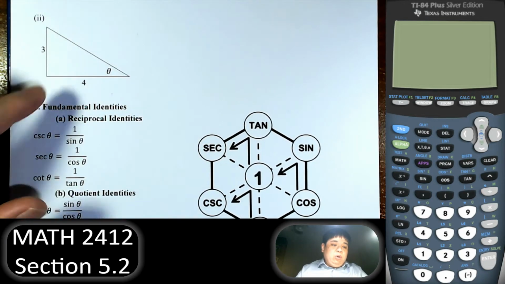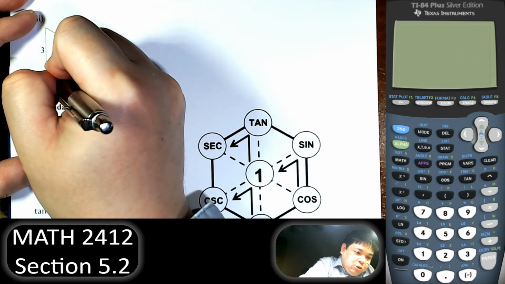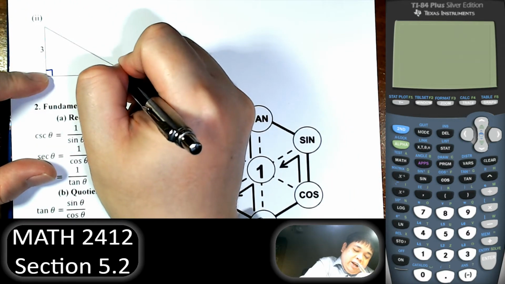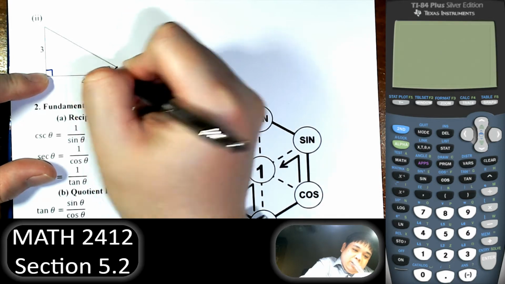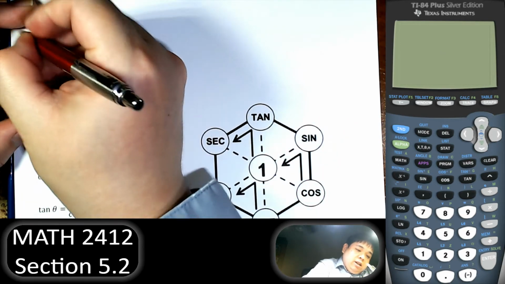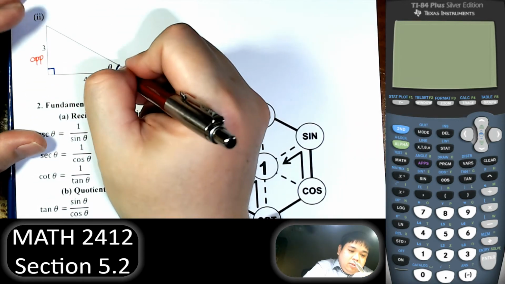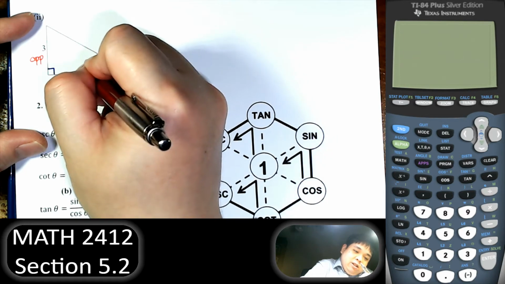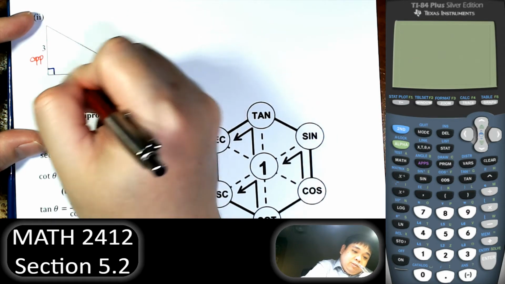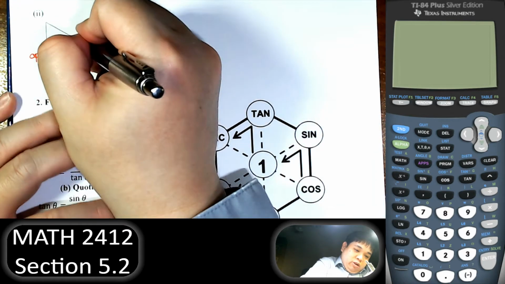I will do the same thing for this triangle. This will be the right angle, and this is the angle theta. With respect to this angle theta, opposite is 3, and adjacent is 4. And hypotenuse we don't know.